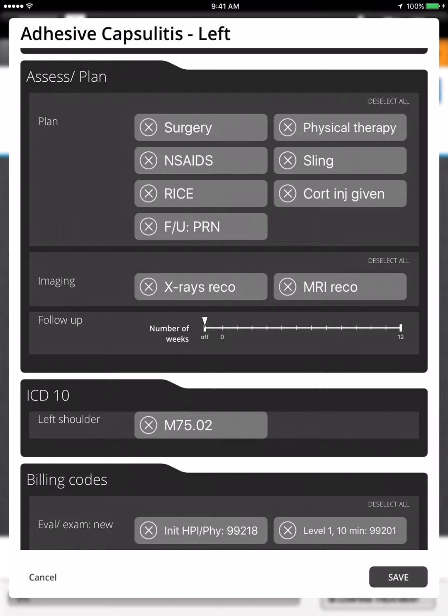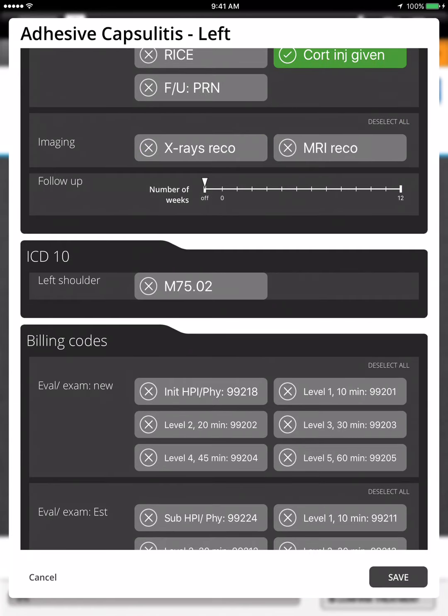Now, proceeding to the plan, upon this examination, the physician is going to recommend physical therapy, a cortisone injection, and some NSAIDs for treatment. Finally, no further imaging is required, and the patient is to come back in 2-3 weeks. The ICD-10 number has been pre-selected for this condition, so merely touch that.